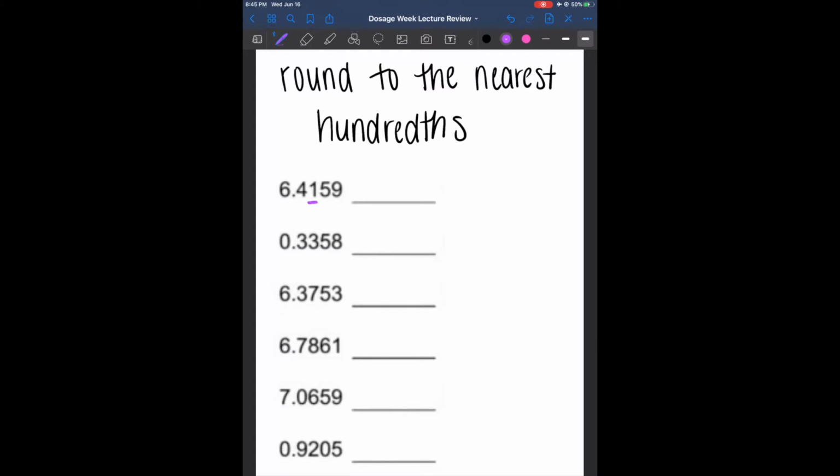Hundredths is our second number behind the decimal. So the one here, we're wanting to round based on this third number here, which is a 5. So same thing as before. 5 is 5 or greater, so we want to add 1 to that 1, making it 6.42.